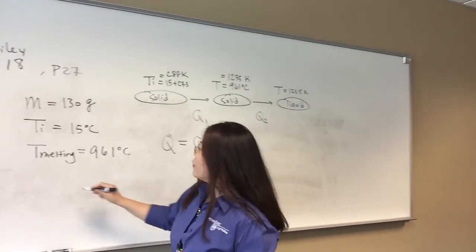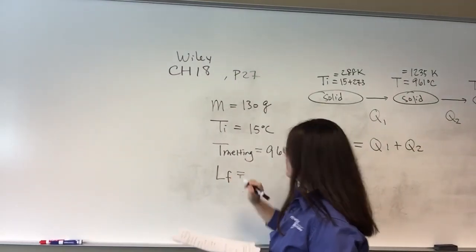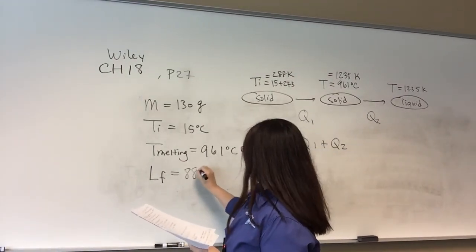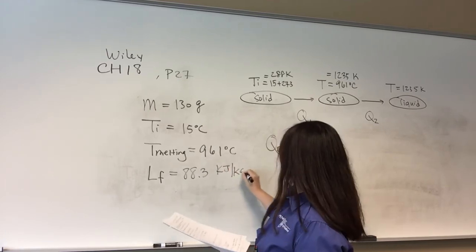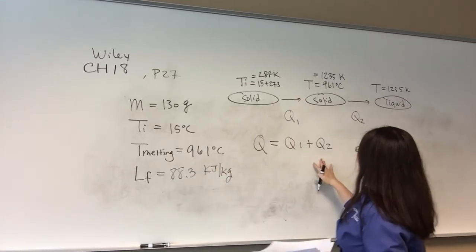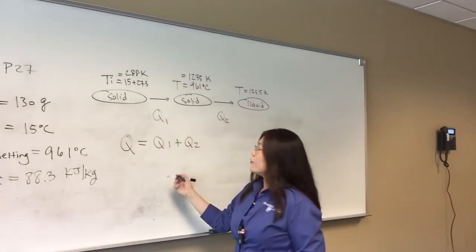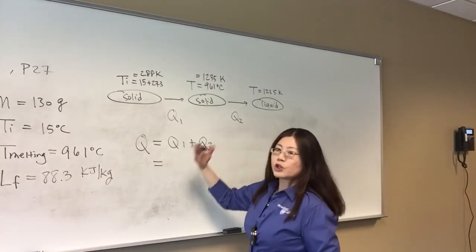And then during this, you need a heat of fusion. So what is the value of the heat of fusion, which we call LF, for silver? It is 88.3 kilojoules per kilogram. Okay, so now we are ready to apply this equation to calculate the amount of energy required for this to melt. So the first one deals with the change in temperature.